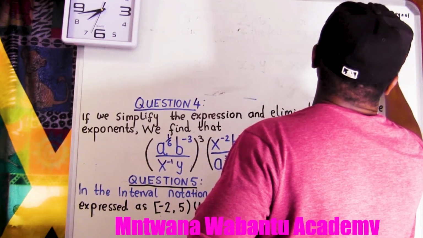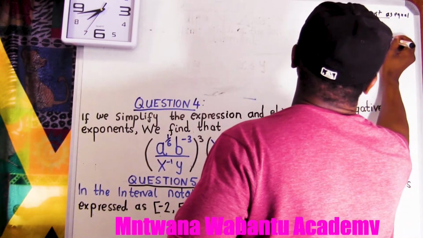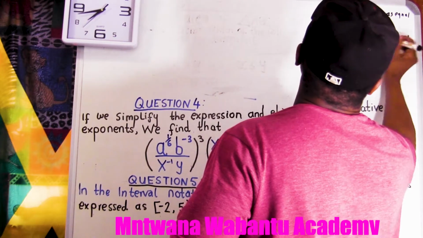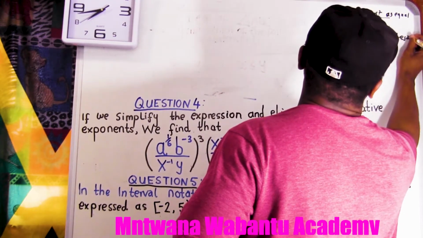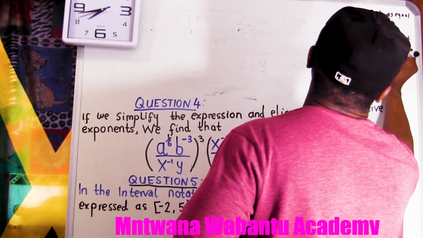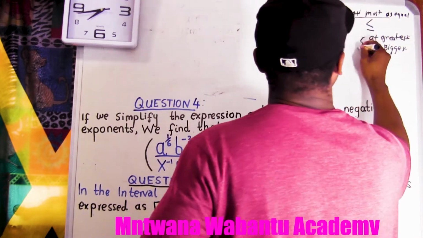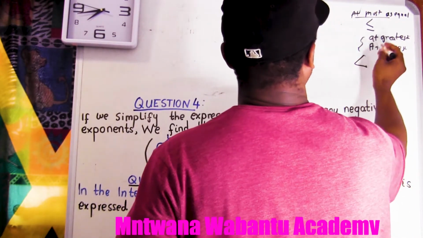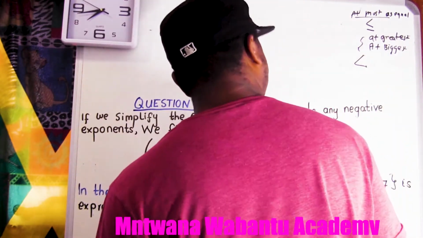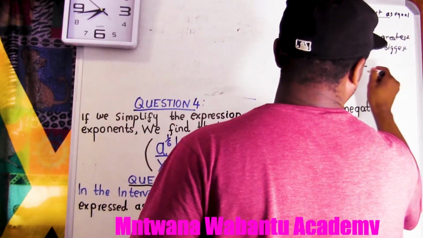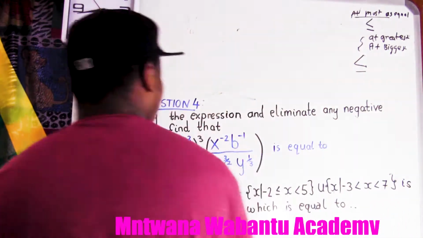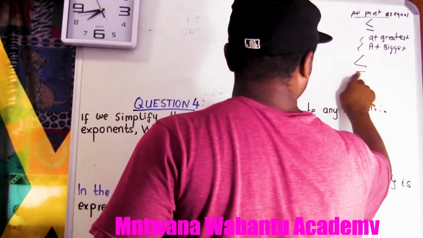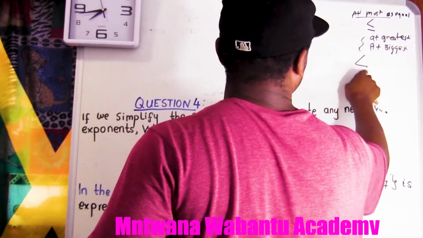And "at most" is like "at greatest", the same thing. "At greatest" means the same thing, or you could say "at biggest", greatest or equal, at biggest. So if there's no word "the same" or "equal", you can just say this. But when they say "at greatest or same as" or "at biggest or same as", then you make sure you do that. But if they say "at greatest", then don't just write that. "At biggest", then just write that.